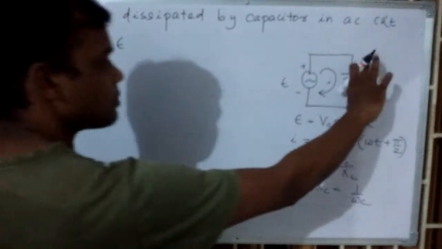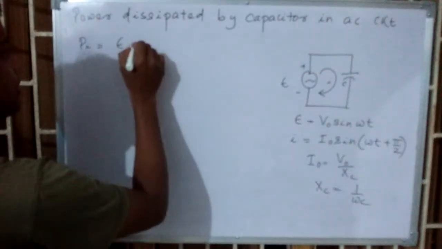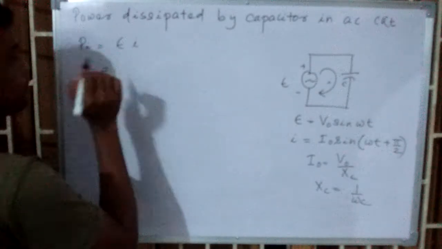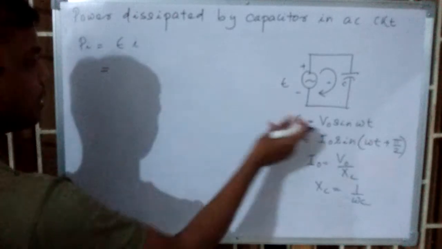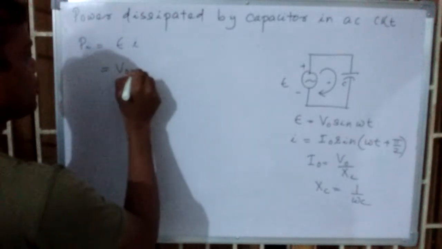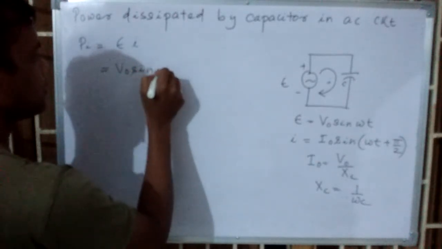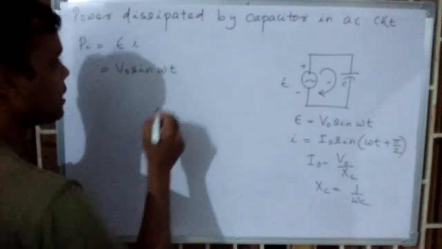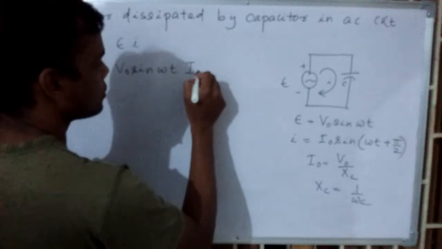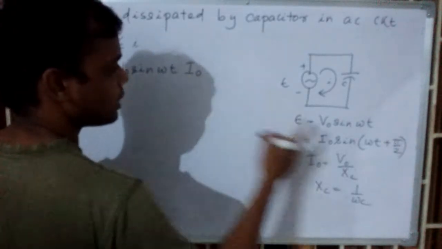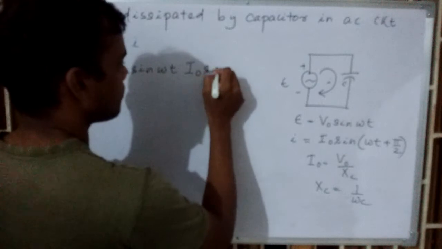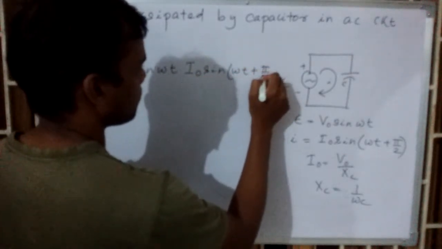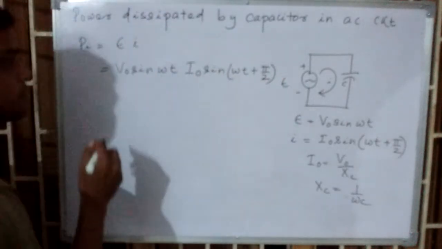Instantaneous voltage is nothing but epsilon, instantaneous current is I. Then epsilon value is V naught sin omega t, I value is I naught sin of omega t plus pi by 2.